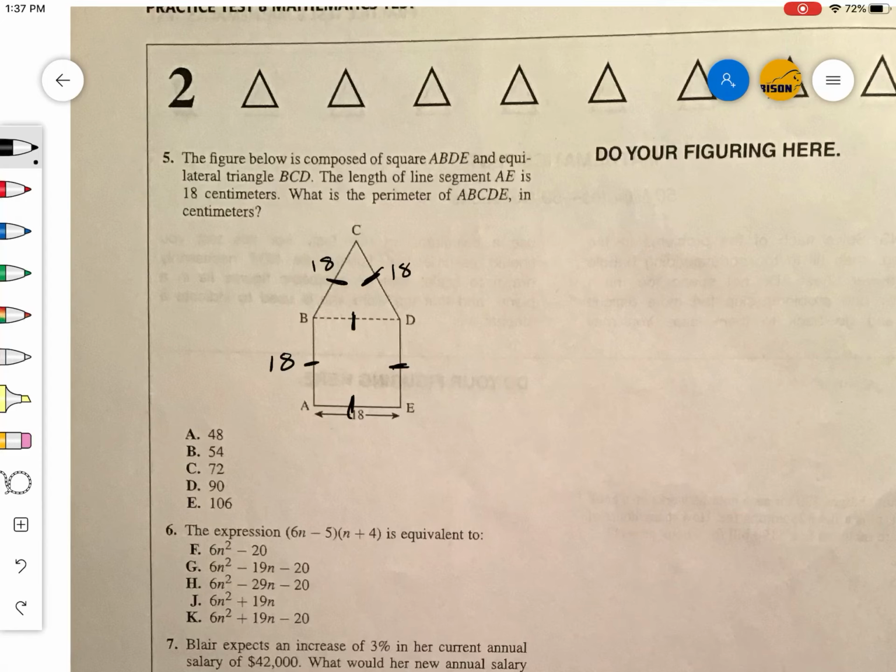If that's 18 at the bottom, we have 18 there, 18, 18, 18, and obviously the 18 that was here. So how many 18s do we have? We've got 1, 2, 3, 4, and 5 of them. So if we multiply that, it should be 90. 90, yes, D.